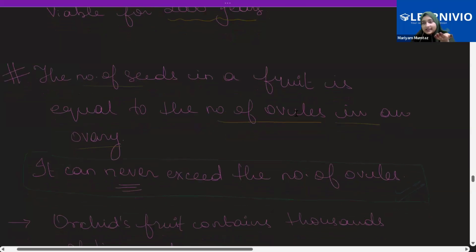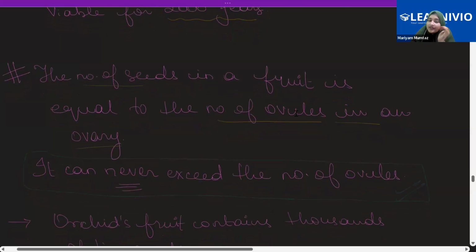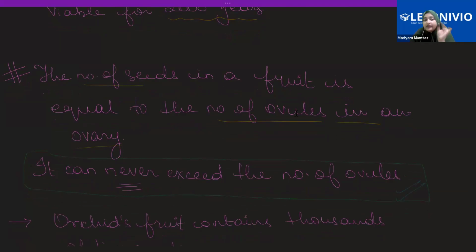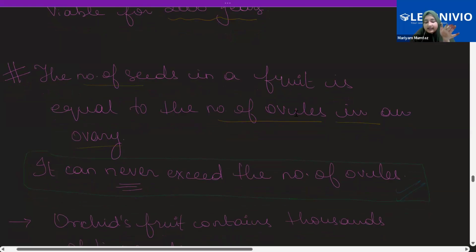Also, always remember this as a thumb rule. However many ovules are going to be there in the ovary, that many seeds are going to be there in the fruit. The number of seeds can never exceed the number of ovules.